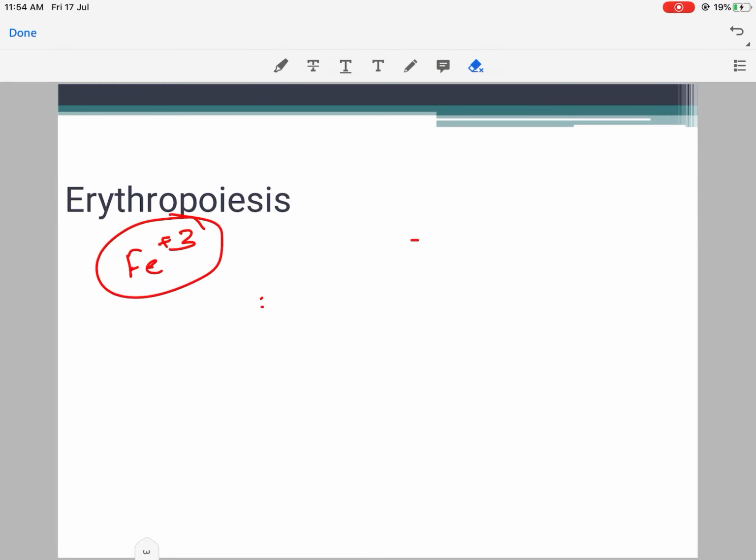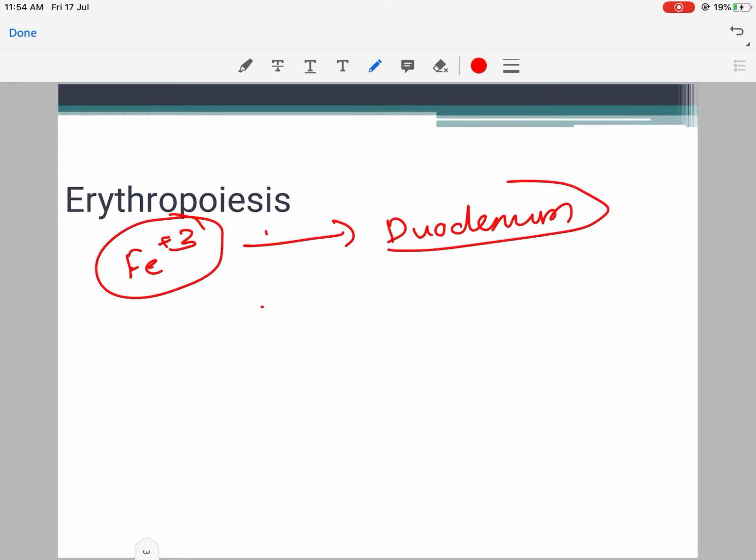So now the dietary iron reaches the duodenum. Duodenum is the site of absorption of iron. Most of the nutrients in the body are absorbed from the jejunum except iron, which is absorbed from the duodenum. In the duodenum we consider a duodenal cell.